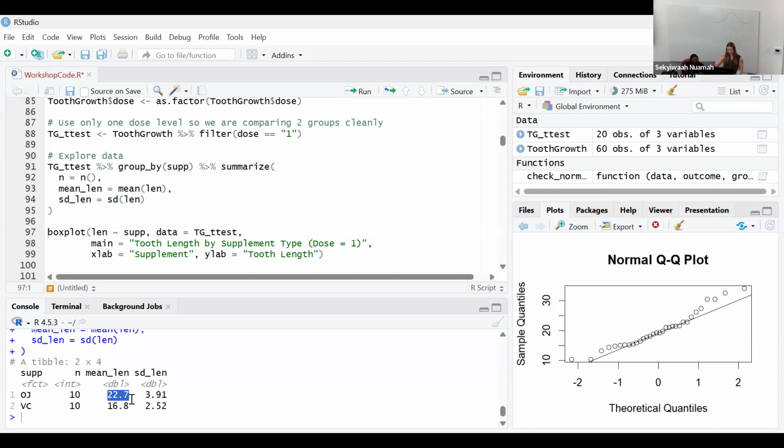I'm not sure what the units are, but that seems pretty large for teeth. I'll have to see what the units are. That's interesting. Okay, so the guinea pigs that were given vitamin C had a mean tooth length of 16.8. Based on that, it seems like there's a difference. It seems like the supplement matters. So that's just what we can infer intuitively.